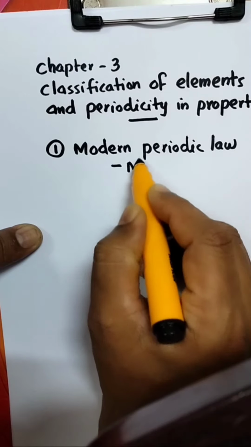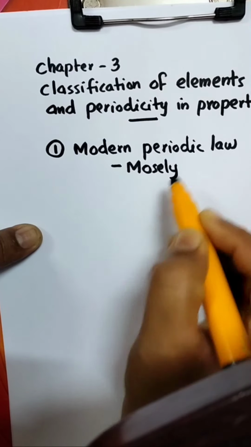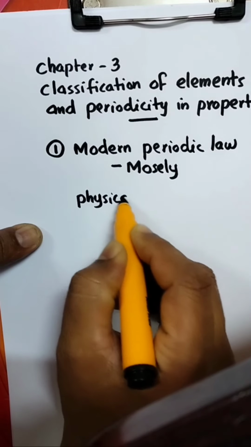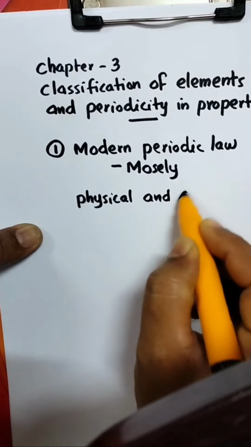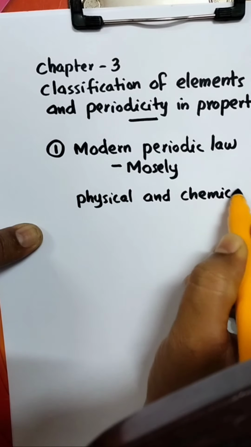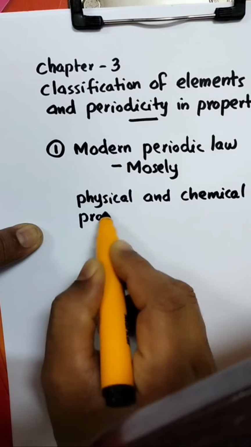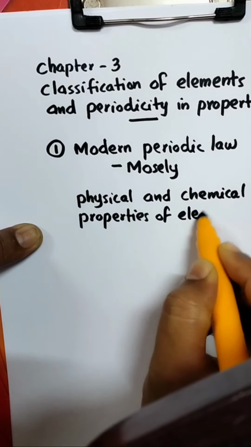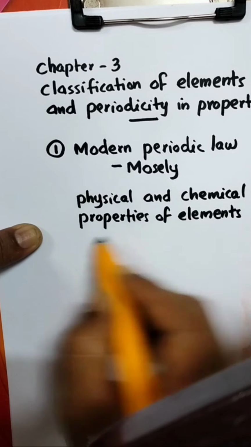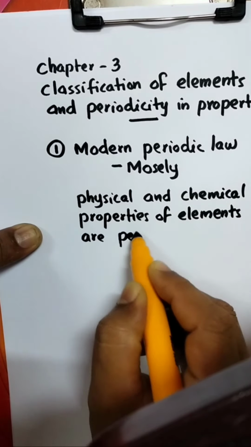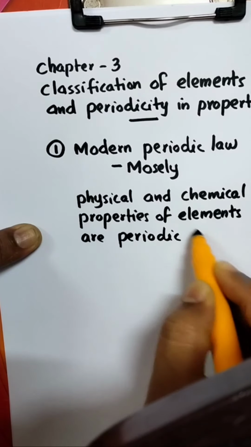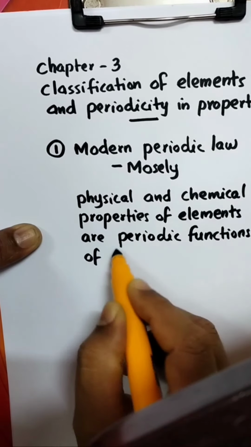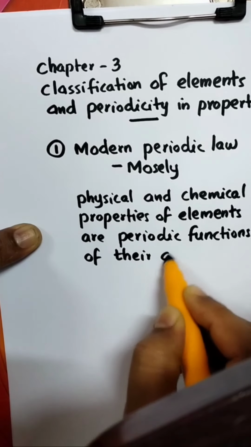This law was introduced by Moseley. The law states that physical and chemical properties of elements are periodic functions of their atomic number.